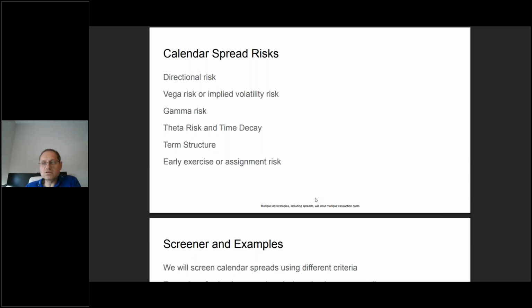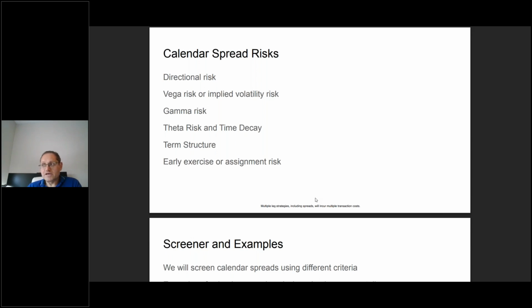You have some theta risk there because you have the decay risk. You have the way the term structure looks. So if you're short one option, you're long the other, but if the term structure goes against you, that's another risk too.